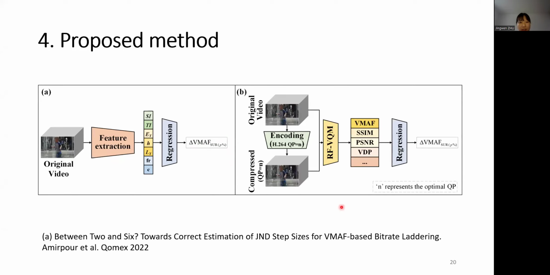In this work, we don't extract the features from the original videos. We just compress the original videos at a certain QP, an optimal QP, and then we compute the VQMs of these videos at the fixed QP: VMAF, SSIM, PSNR, etc. And then we put these video quality metric scores as features into our regression model to predict the delta VMAF.